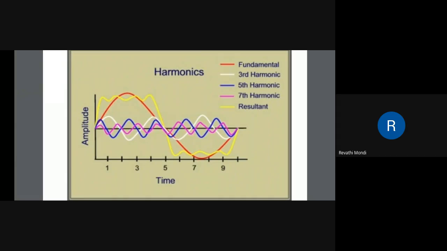In this diagram, amplitude is shown on the vertical axis and time period on the horizontal axis. For any kind of waveform, we have to calculate the amplitude and time period only, and design the graphical approach. So please see the red color waveform.